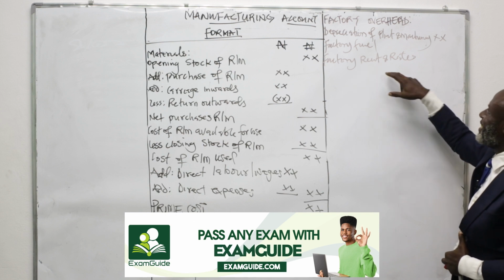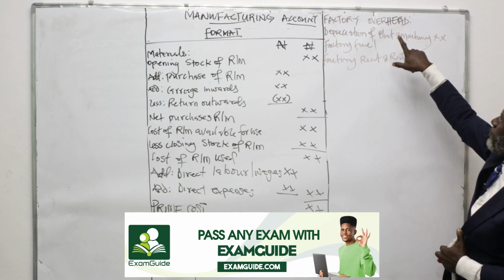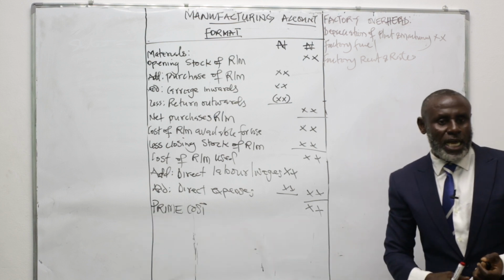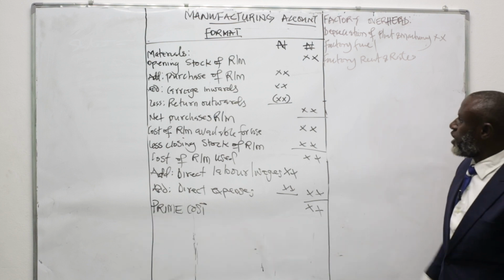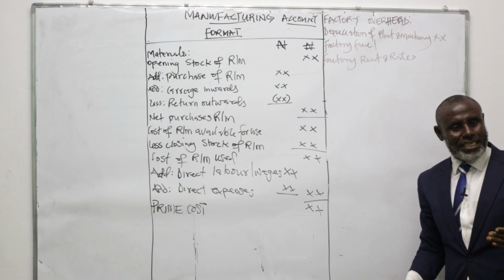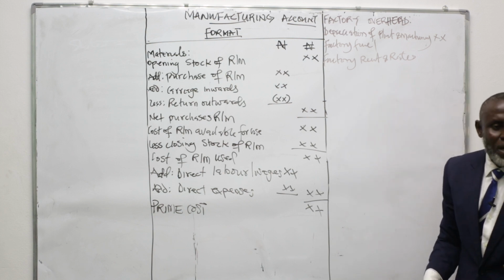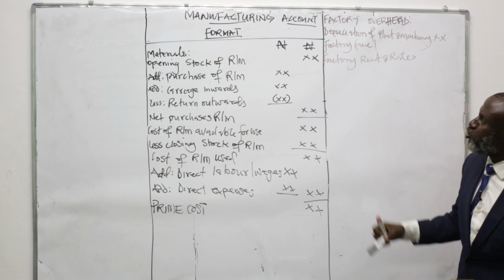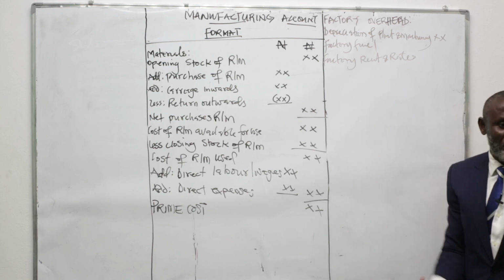But whenever you talk about these expenses that show themselves under the factory overhead, examiners might not just give you figures and say, okay, factory rent and rate is 5,000. In most cases, they will give you a lump sum and expect you to appropriate that lump sum between the factory and admin.